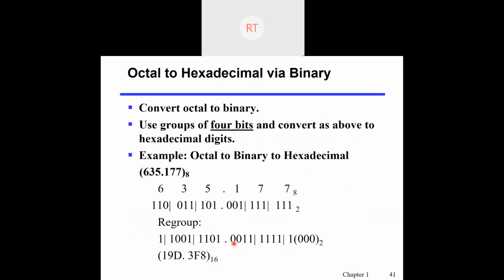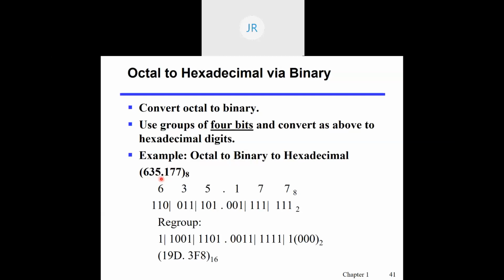So let's work on this example. Who can help? Yes, Eli, can you please help? How do I convert from octal to binary? Where do you start from? Okay, anyone else? Yes. I'll begin with the integer portion, which is 635.